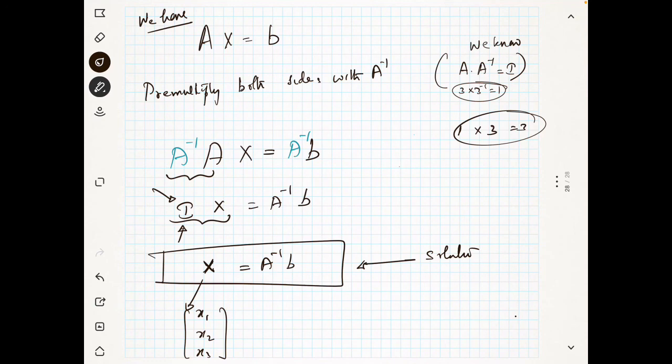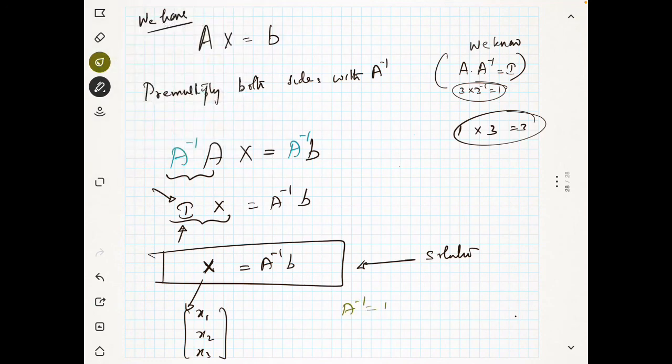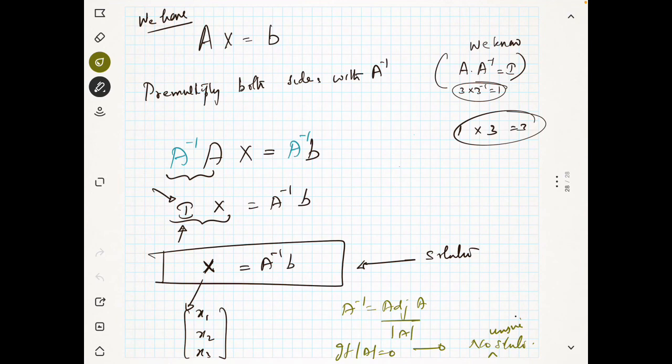But you know that A inverse is equal to adjoint of A by determinant of A. If determinant of A is equal to 0, that means no solution or no unique solution. Basically, that's what we have seen. So you cannot find the A inverse in this case.